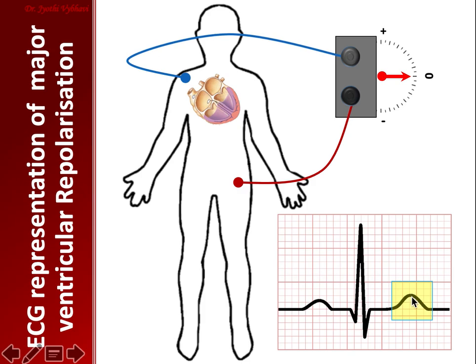And one more reason is that the basal myocardium repolarizes first, then the major ventricle repolarizes, and the septum repolarizes. So when this wave of repolarization is coming, they overlap with each other. When the base is repolarizing, at the same time the ventricle starts repolarizing, and at the same time even the septum starts repolarizing.